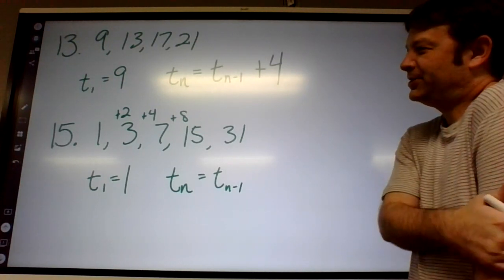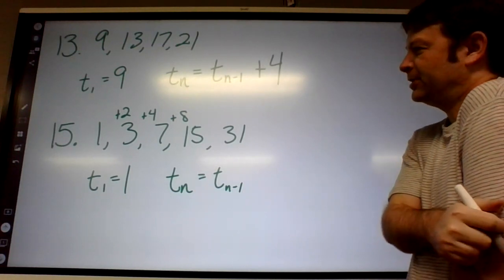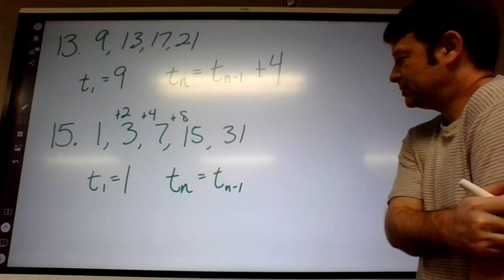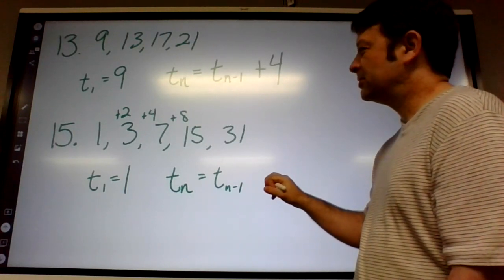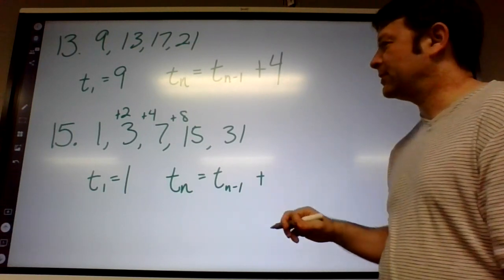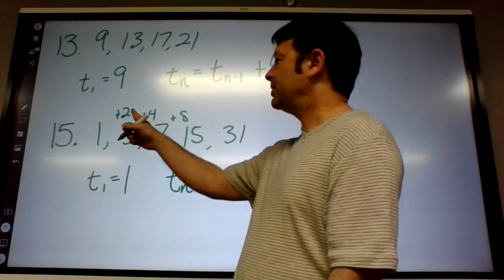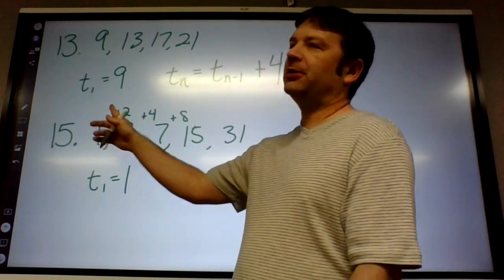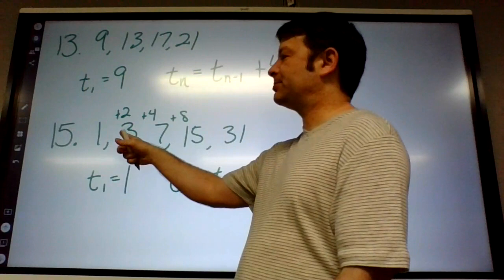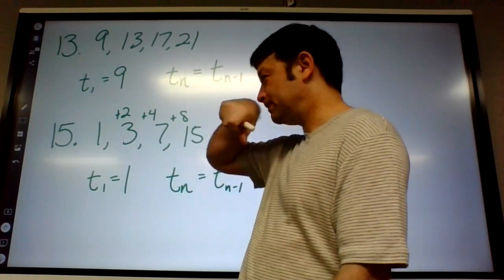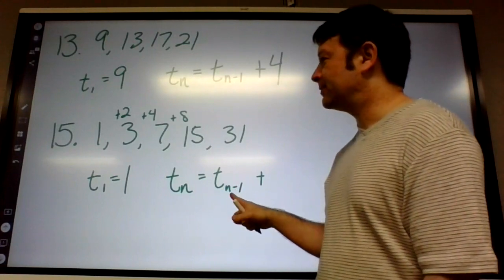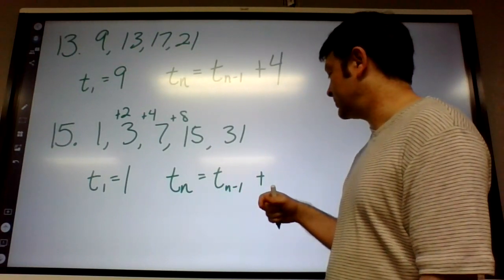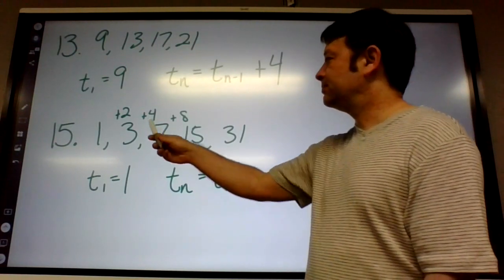Okay, so we need to add 2, then 4, then 8. So what do all those numbers have in common? How do you add 2, then 4? Sorry, Brandon, the way you were thinking of it was more like yesterday's. But yeah, we gotta write it recursively. How do we add 2, then 4, then 8?